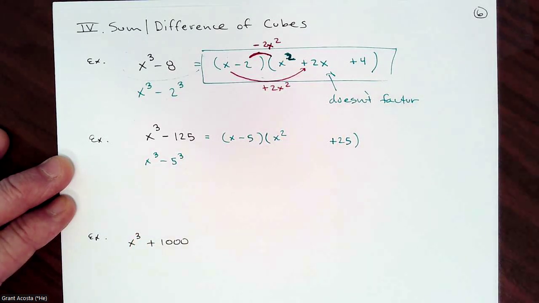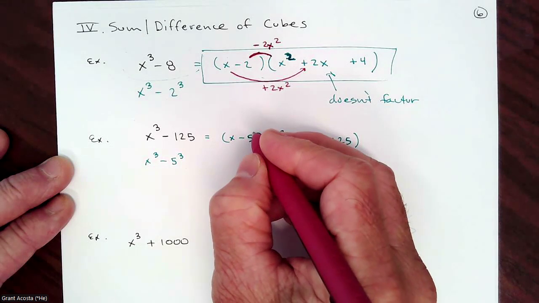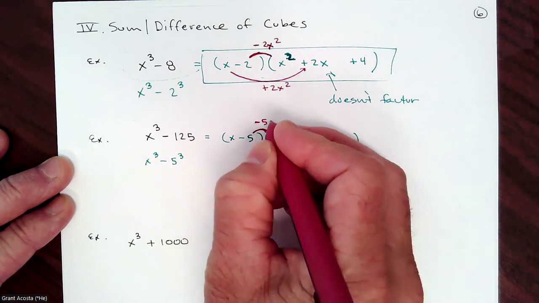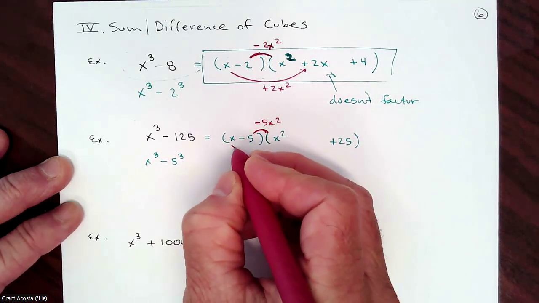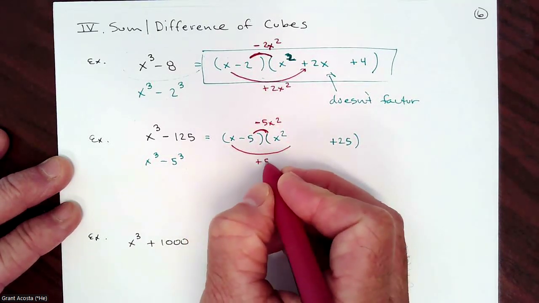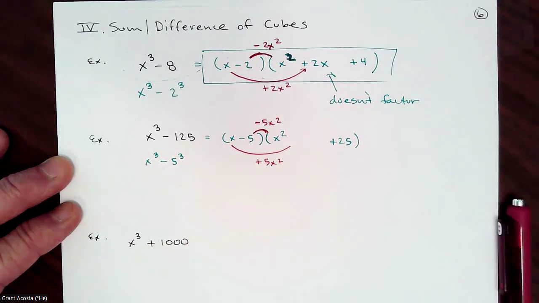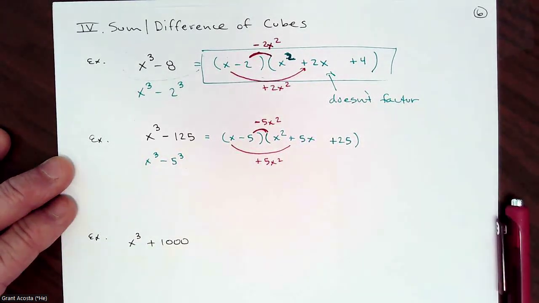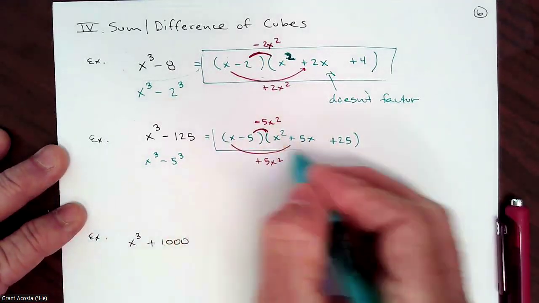And there has to be a middle term, and how I figure out what should go there is just like the last one. If I multiply these out, that gives me -5x squared. So that means I have to generate a positive 5x squared, which is going to come from multiplying x times positive 5x. That's it.